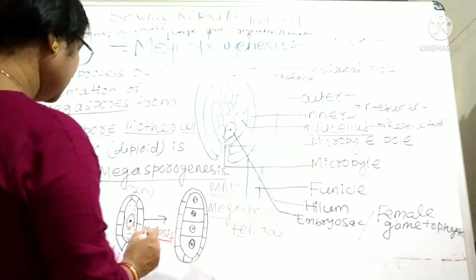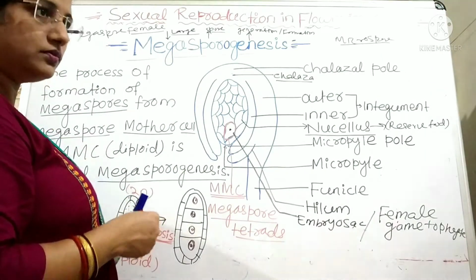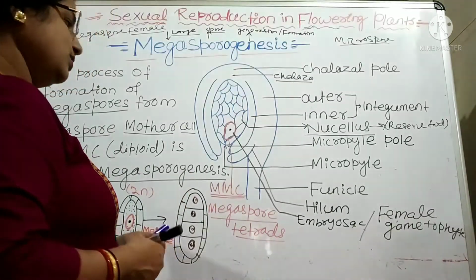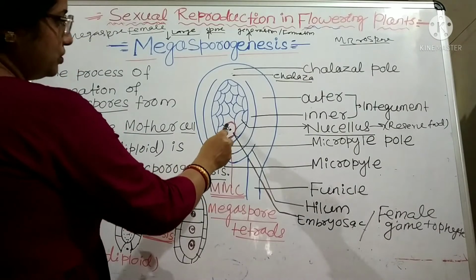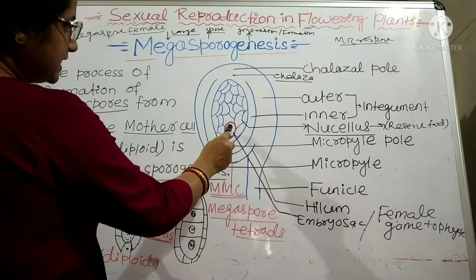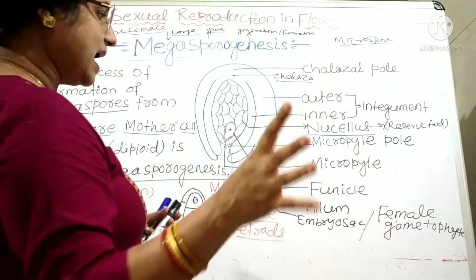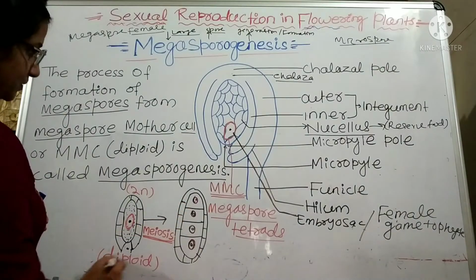Meiotically means by meiosis division. Always the meiosis division occurs in the reproductive part. We have already discussed it.